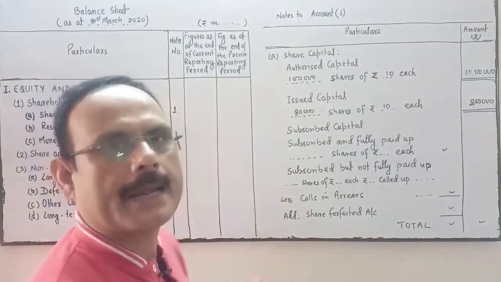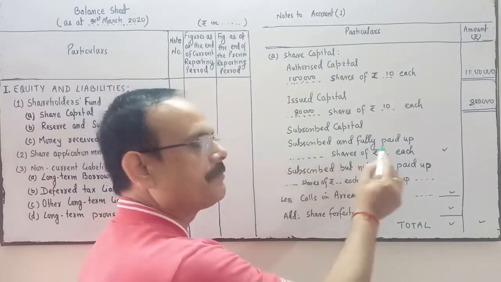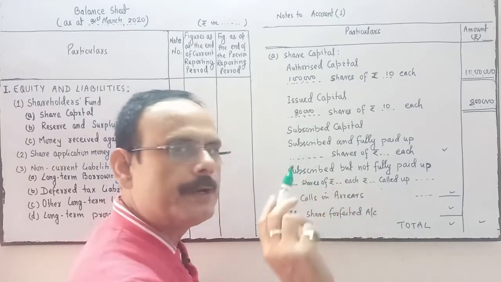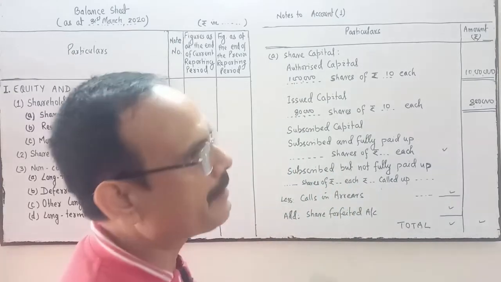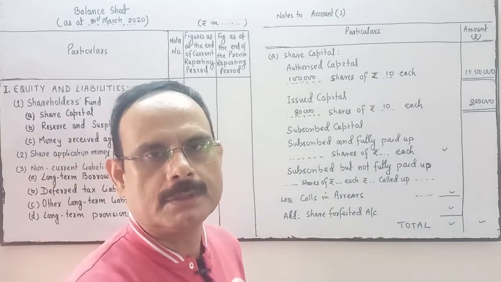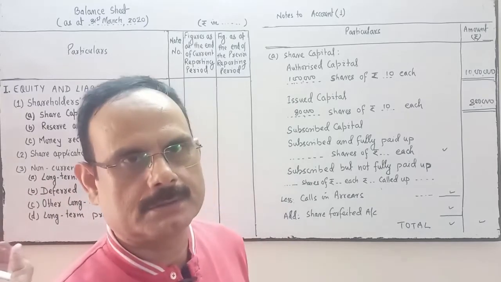Thereafter subscribed capital. In the subscribed capital there may be subscribed and fully paid, and there may be subscribed but not fully paid. Subscribed and fully paid means the company has called the full nominal value and the shareholder has paid the full amount. Is it clear?